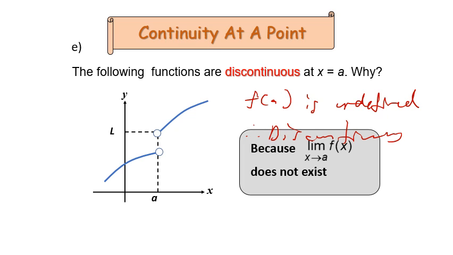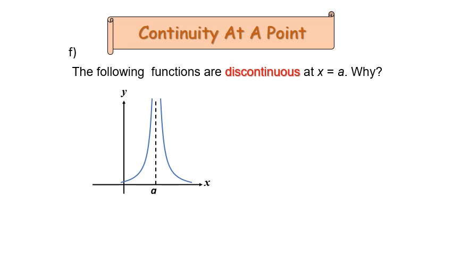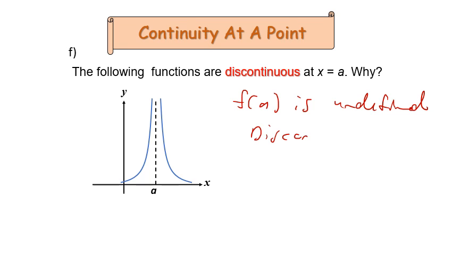Yes, also the limit doesn't exist, but the first point is it is undefined, so straight away discontinuous. And here at a, there is an open circle, right? So since f(a) is undefined, therefore it is discontinuous. Straight away discontinuous.